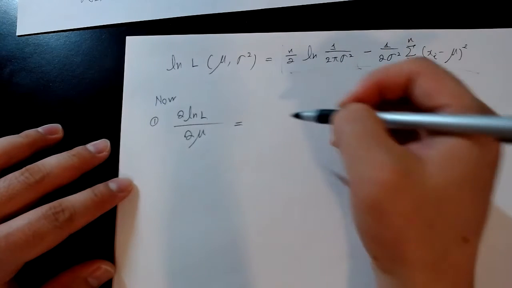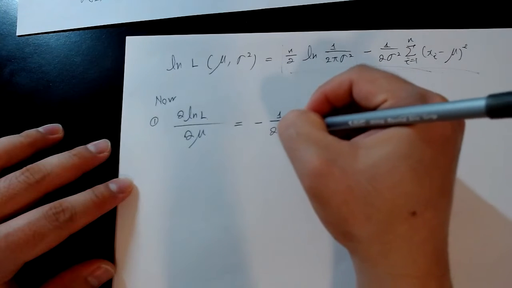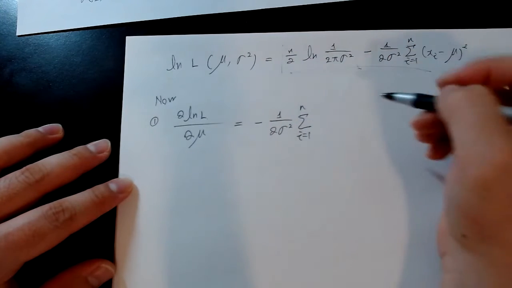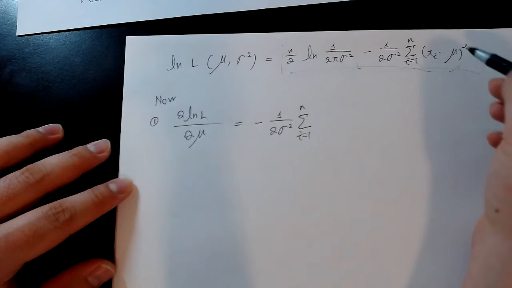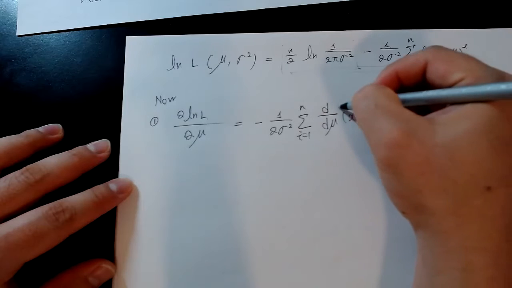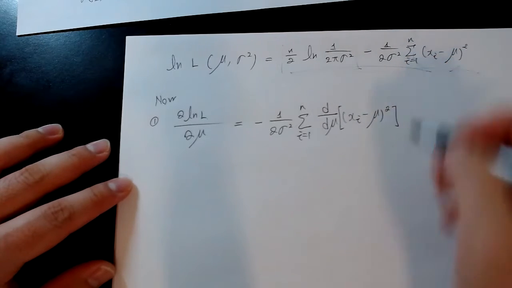It's gonna be minus 1 over 2 sigma square, and then summation i equals 1 through n, and then we take a derivative of this guy with respect to mu. That's not partial, actually d/dmu, right? And then x_i minus mu squared. Okay.